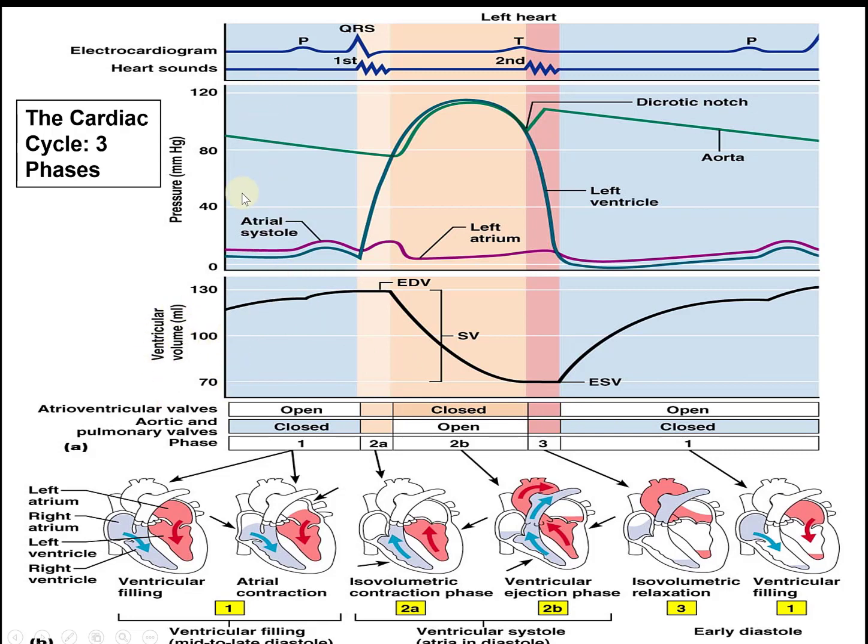This graph is showing you the pressure in different chambers and blood vessels. So the green line is the pressure in the aorta, the dark blue line is the pressure in the left ventricle, the purple line in the left atrium. And then at the top here, they're showing you the ECG or EKG.